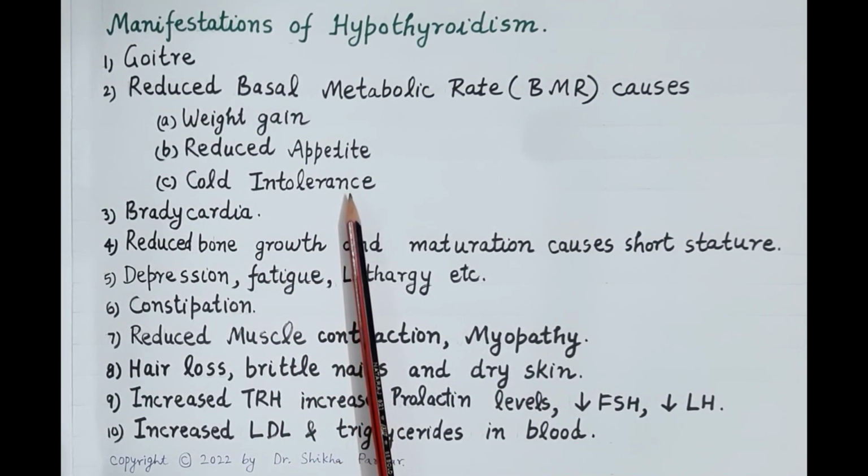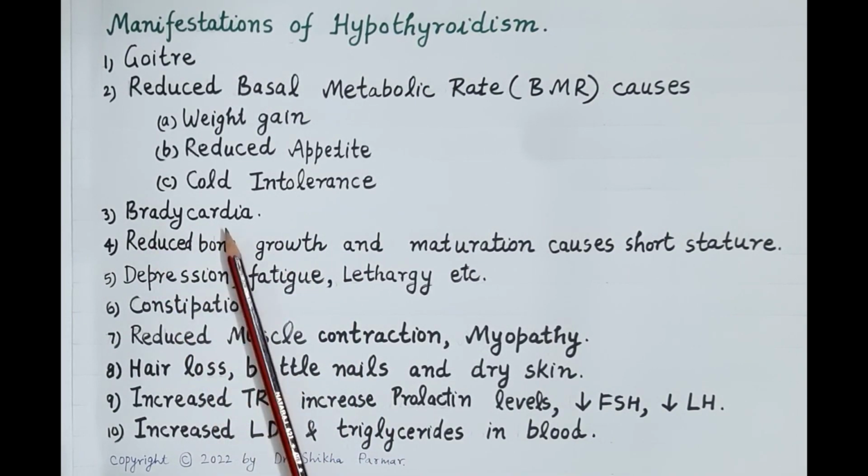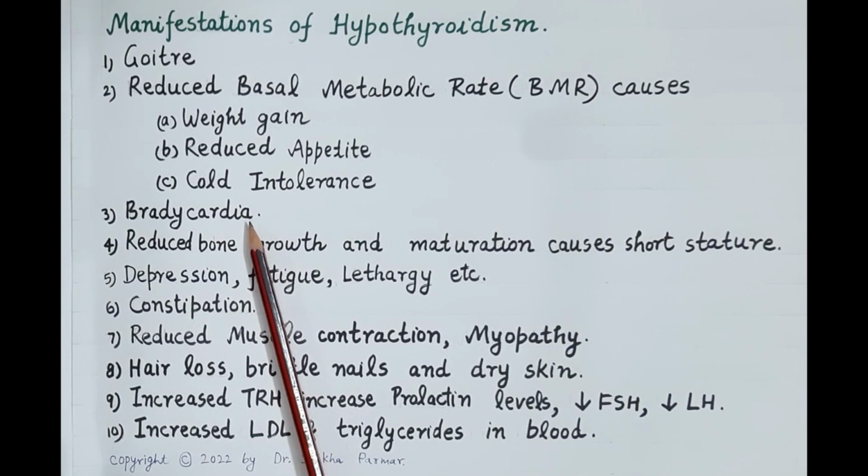Then T3 and T4 regulate heart rate, contractility of the heart. So hypothyroidism causes bradycardia. That means heartbeat at rest reduces to less than 60 beats per minute. Then T3 and T4 are also essential for the development and growth of the body.